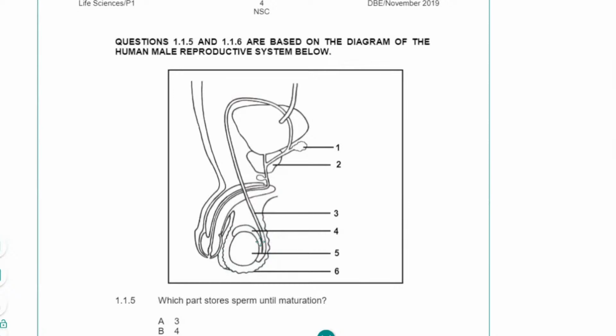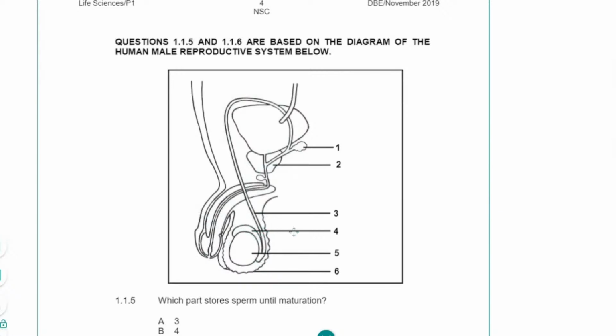If you want to know exactly which part is which, you have to follow these tubes the way you see them. When you come out from urethra, the first gland is Cowper's gland, the second gland is prostate gland, the third gland is seminal vesicle. Now you come to this tube, called vas deferens. Then this vas deferens picks fluid from all sperms.